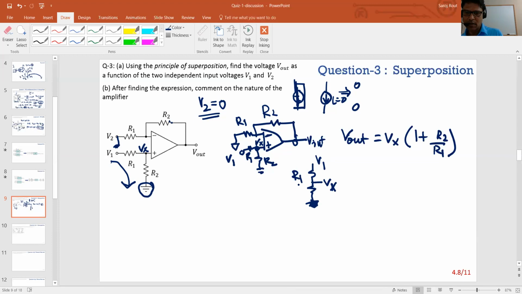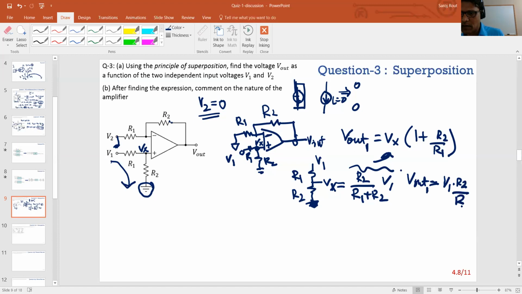So Vx is nothing but R2 over R1 plus R2 times V1. I substitute it here, and let me call this Vout1, because I have one more source left. So this will be V1 times R2 over R1. That's our first result.